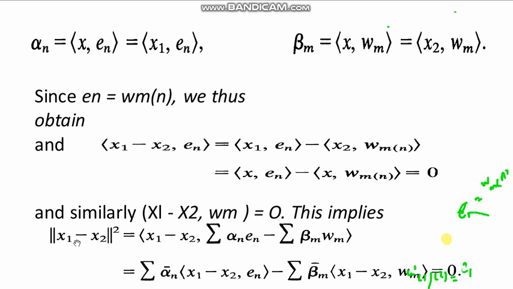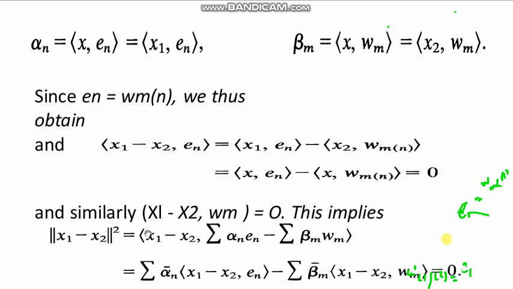Now the norm of x1 minus x2, whole squared, is equal to the inner product of x1 minus x2 and summation alpha_n E_n minus summation beta_m W_m. This is a very well known formula, and it will be discussed in the class also by sir.